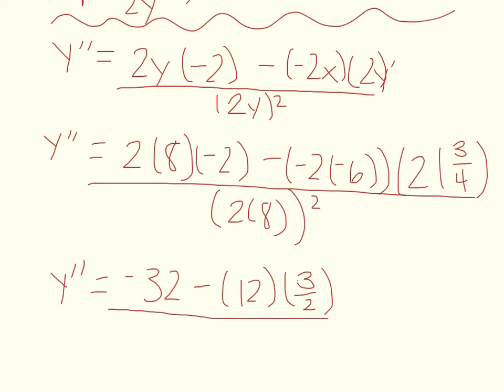And then you have 16 squared. And then if you simplify all of this, you get -32 minus 18 over 256, which equals, oh no, I'm running out of room.